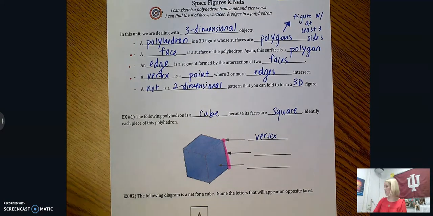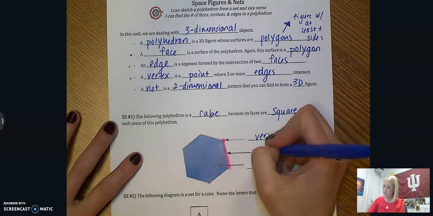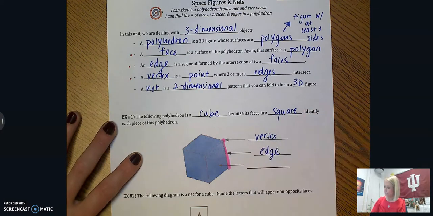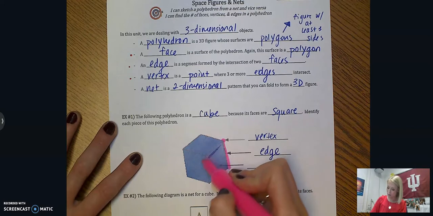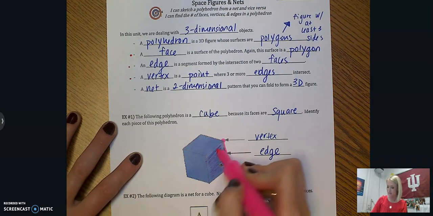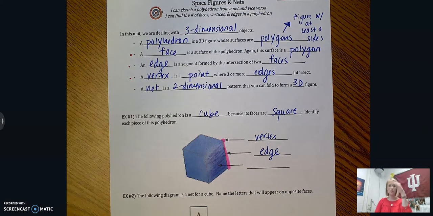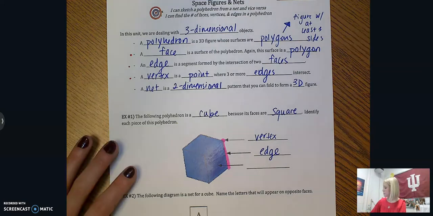That's where 2 faces, like the front and the left side, come together. And then this last line is pointing to this side of the box, that surface. Every surface of your box, front, top, back, whatever, that's called a face.